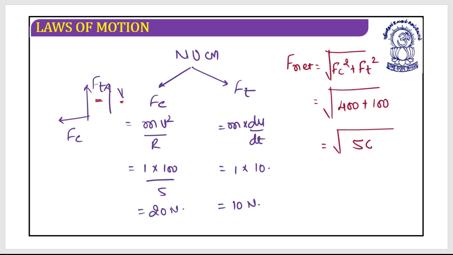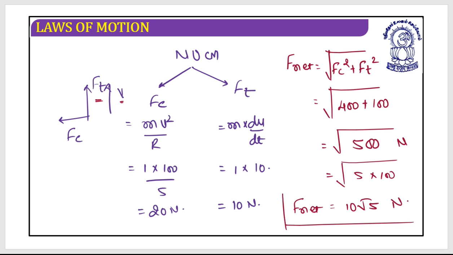This should be root of 500 Newton. It's 25 into 20, or I could write this as root of 5 into 100, that is equal to 10 root 5 Newton. This is F net.